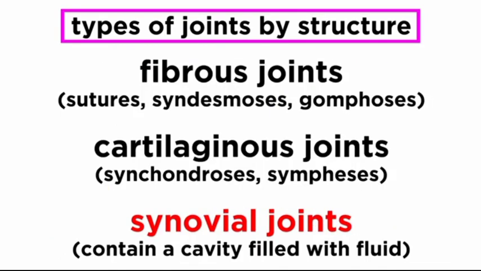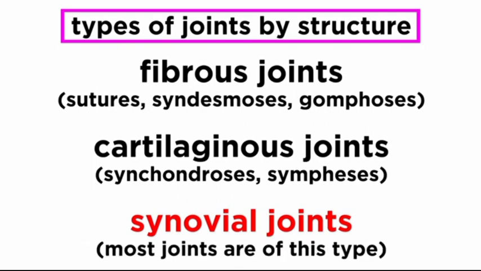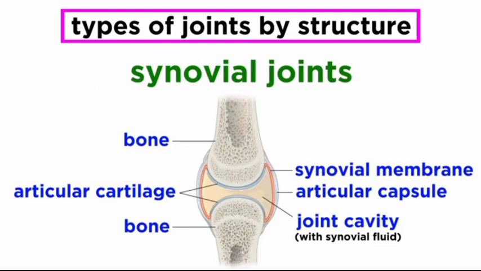Lastly, we have synovial joints. These are the ones that have an actual cavity filled with fluid, which allows for substantial mobility. Most joints are of this type, especially the ones in our limbs. The structure of these is more complicated, but let's note a few features. First, articular cartilage covers each opposing bone surface, protecting the ends of the bones.